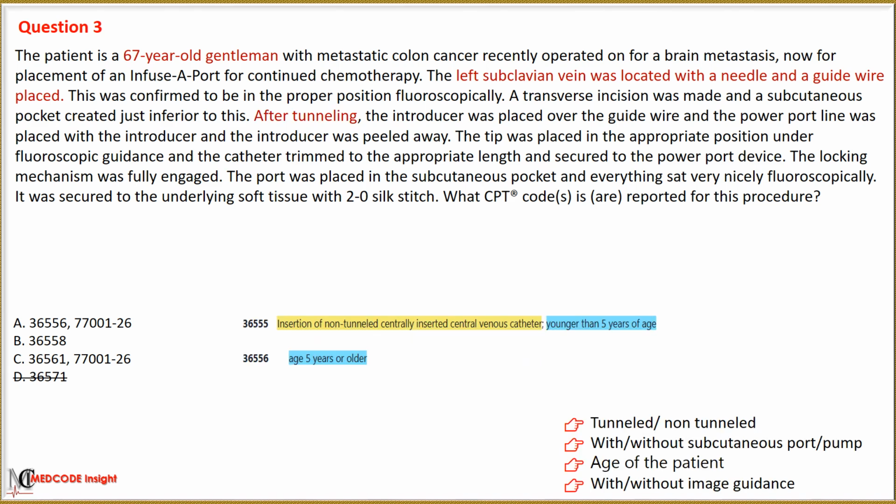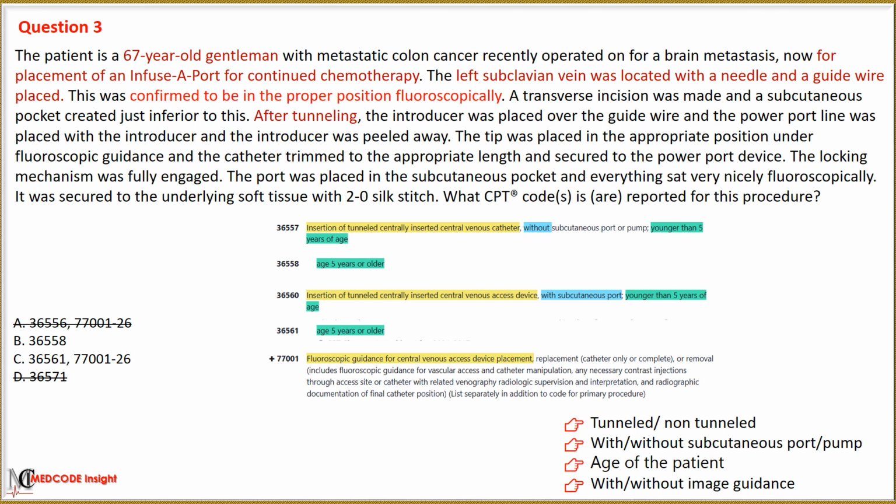In all remaining options, all codes are used for centrally inserted central venous catheters. For a centrally inserted catheter, we further eliminate options based on four keywords: tunneled, non-tunneled, with or without subcutaneous port or pump, age of patient, and with or without imaging guidance. In the scenario a tunnel is created, so we will eliminate option A with code 36556 used for insertion of a non-tunneled centrally inserted catheter.